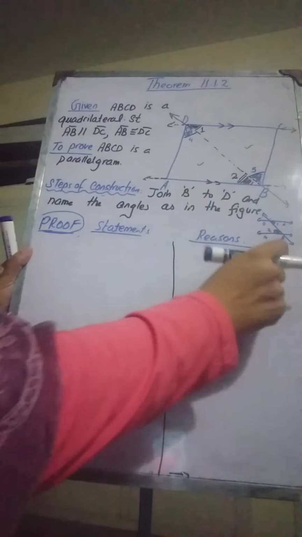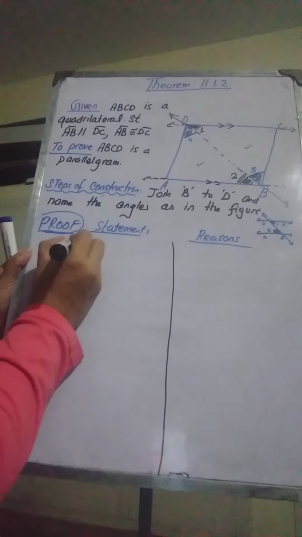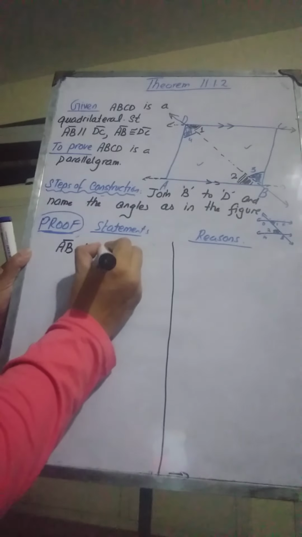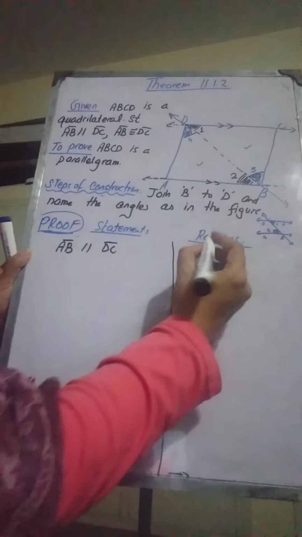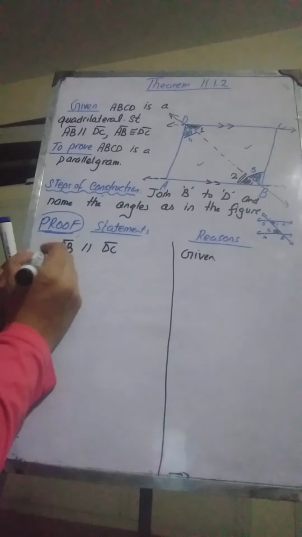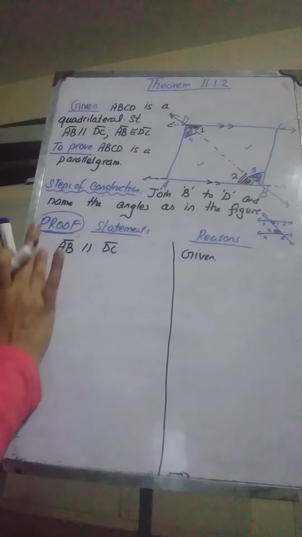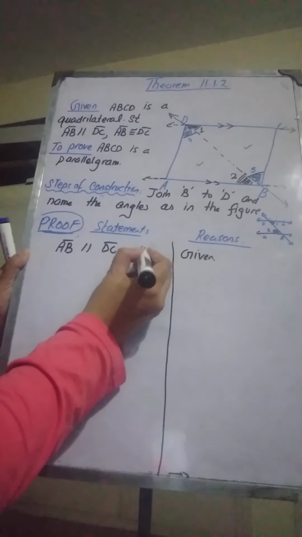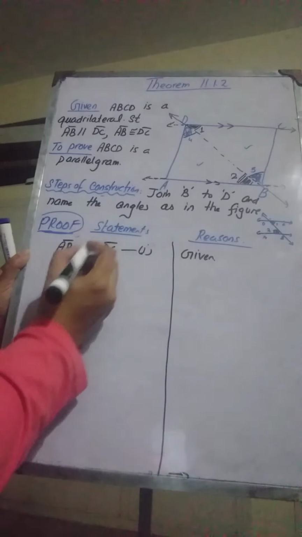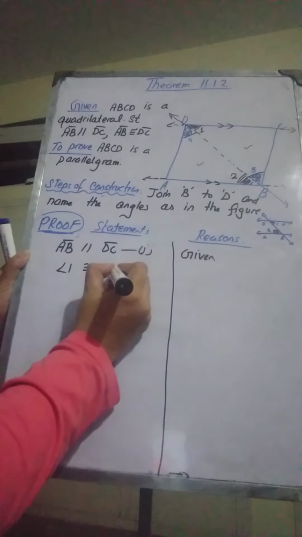AB is parallel to DC, this is given to us, and therefore, let me name it as equation 1, angle 1 will be congruent to angle 2.